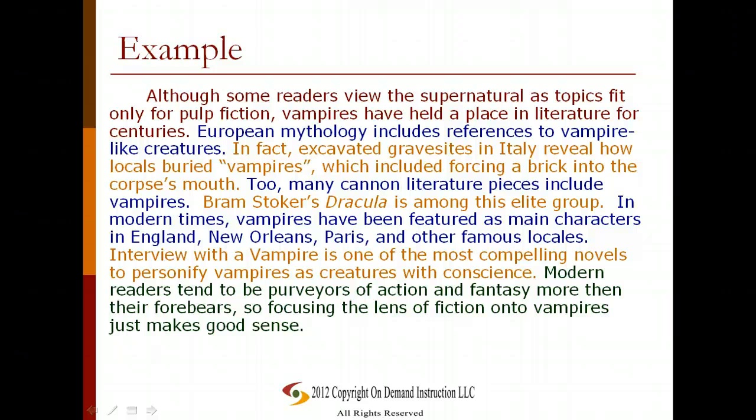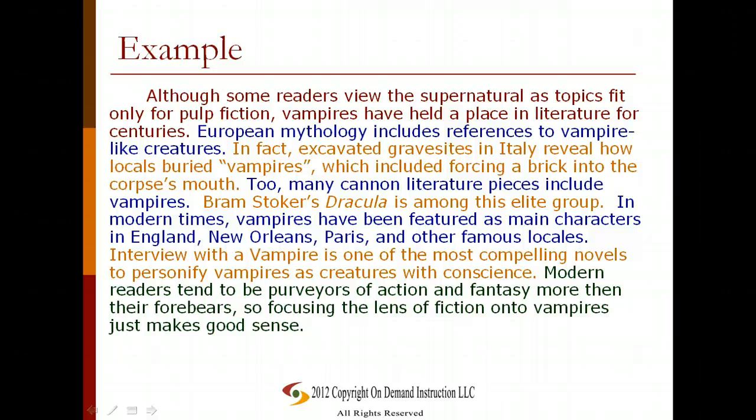Although some readers view the supernatural as topics fit only for pulp fiction, vampires have held a place in literature for centuries. European mythology includes references to vampire-like creatures. In fact, excavated grave sites in Italy reveal how locals buried vampires, which included forcing a brick into the corpse's mouth. 2. Many canon literature pieces include vampires.